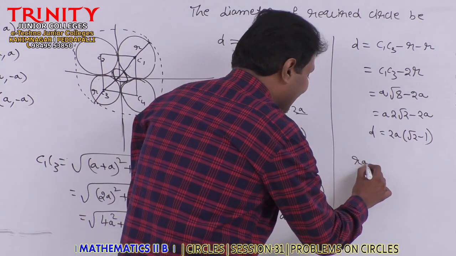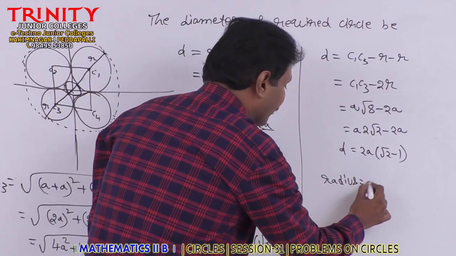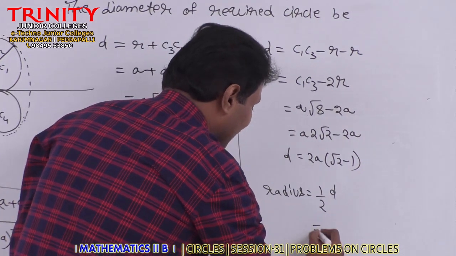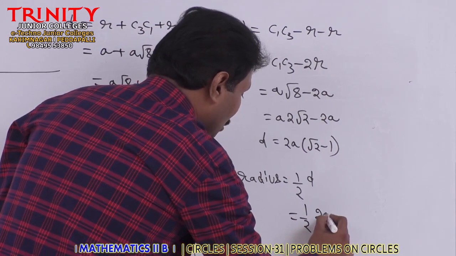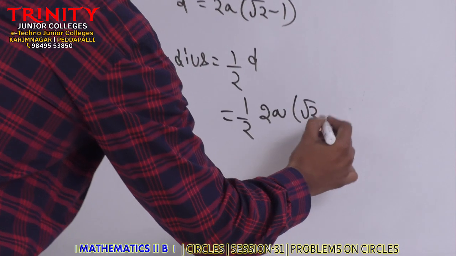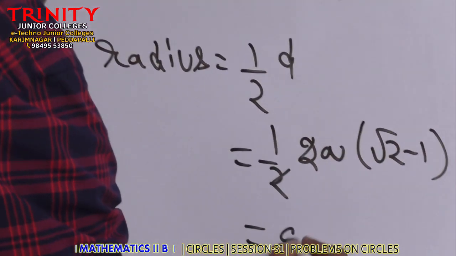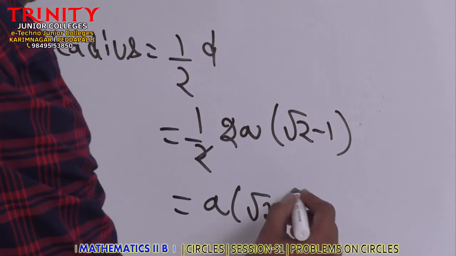Here also radius equals half of the diameter D, that equals half of 2a into (root 2 minus 1). 2 cancels, that equals a into (root 2 minus 1).